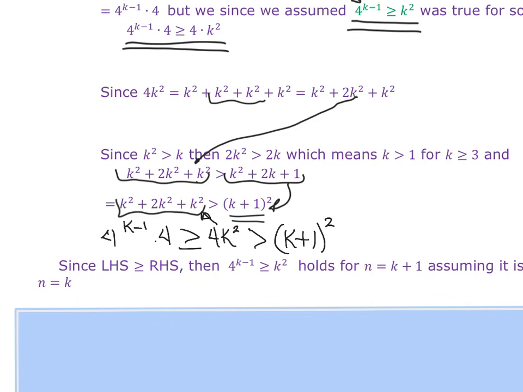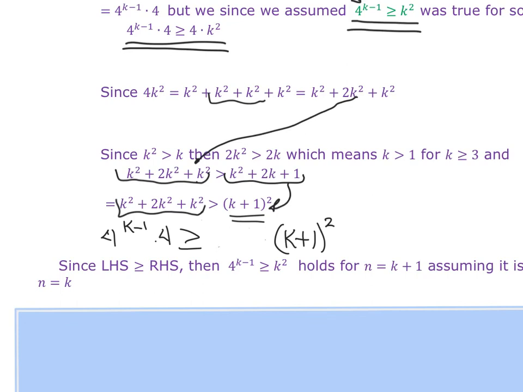And with inequalities, you can just kind of almost pretend, if it's a true inequality, that this middle piece isn't there. So I have shown the left-hand side, which is 4 to the k minus 1 plus 1, which is 4 to the k, is greater than or equal to the right-hand side.